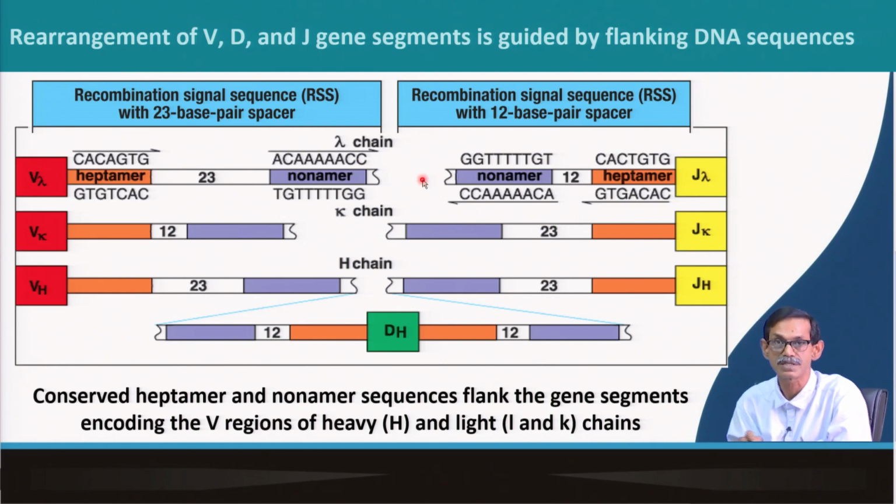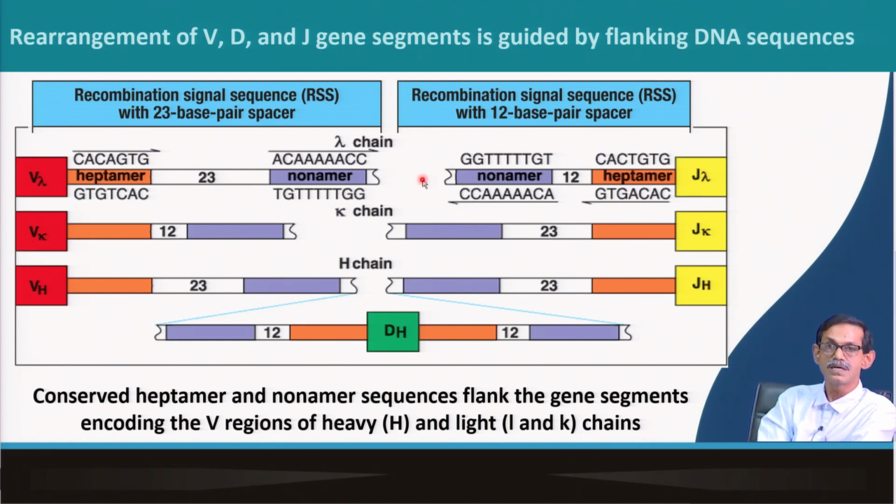It is just reverse. In the same way, if we see the heavy chain variable region, the flanking sequence is very similar to lambda chain, that is heptamer, 23 nucleotide nonamer spacer, and heptamer 23 and a nonamer.